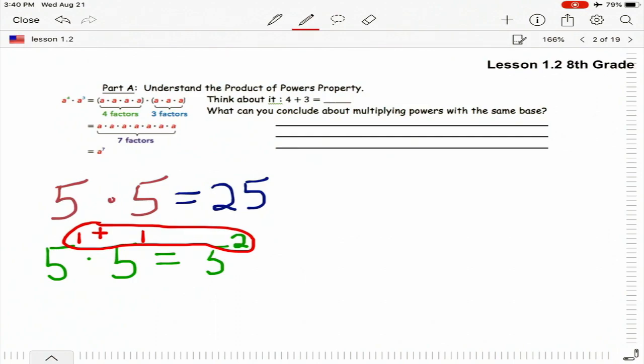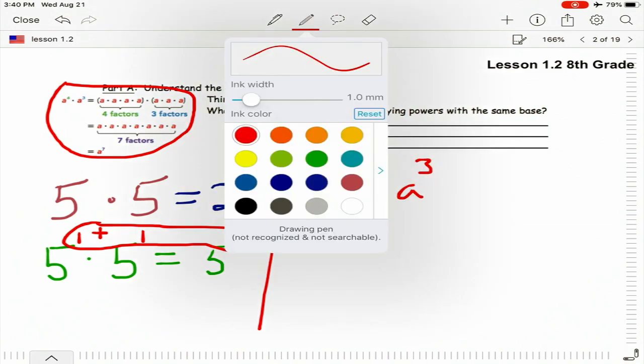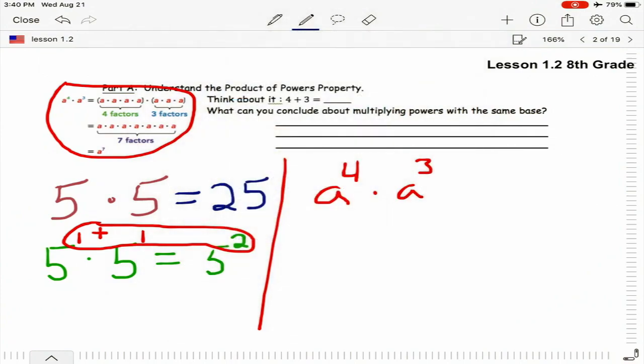Now I'll go ahead and do their example here, but you'll see exactly what I mean. They're saying a to the fourth times a to the third. What they want you to do, this is the longer way, so you're only doing it now one time, but you're not doing this ever again. The longer way, that is. The first thing I want you to do is to expand. So a to the fourth means that there's 4 a's, right?